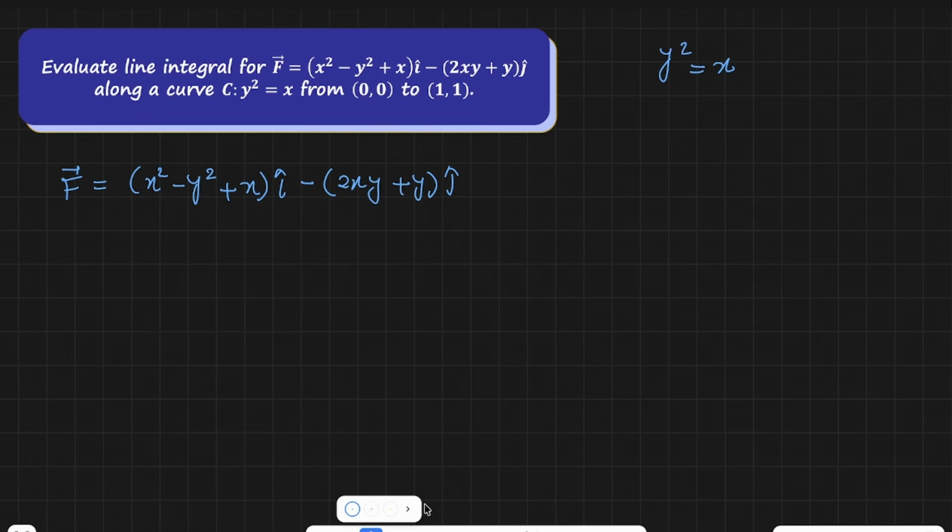Here the y square x relation is given. It means it is a parabola, like this.